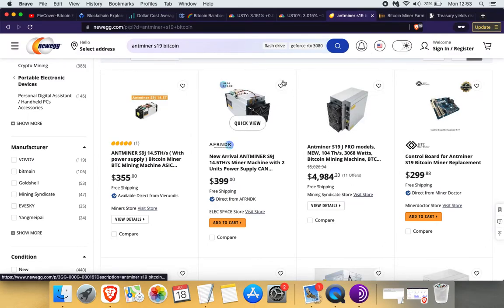The miners. So we have S9s getting cheaper. The S9 miners are really not very profitable, because if you're paying a high rate for electricity, you may lose in that trade, because the energy you have to put in may cost you way more compared to what you're getting in terms of Bitcoin.